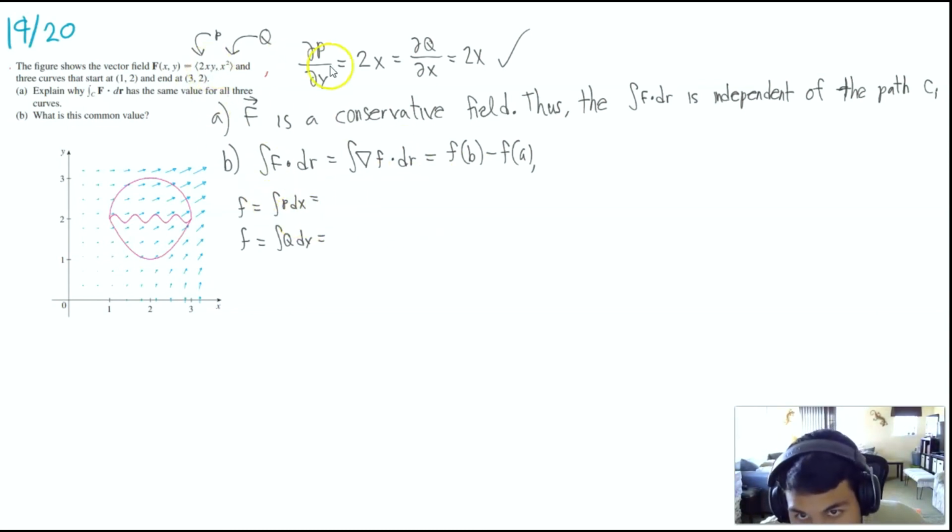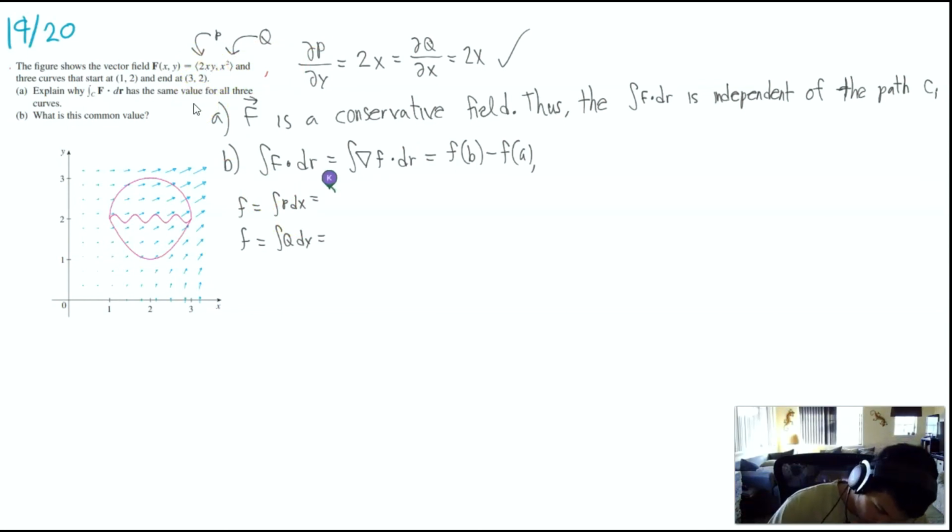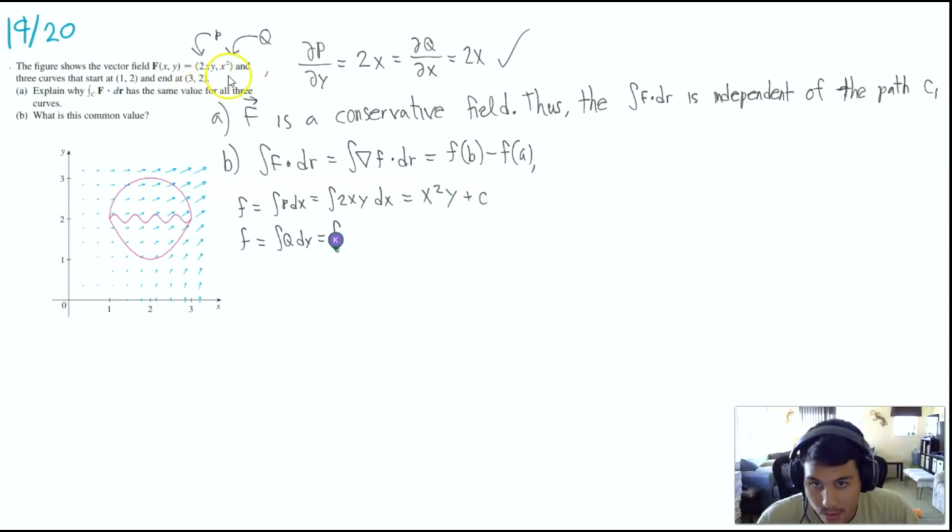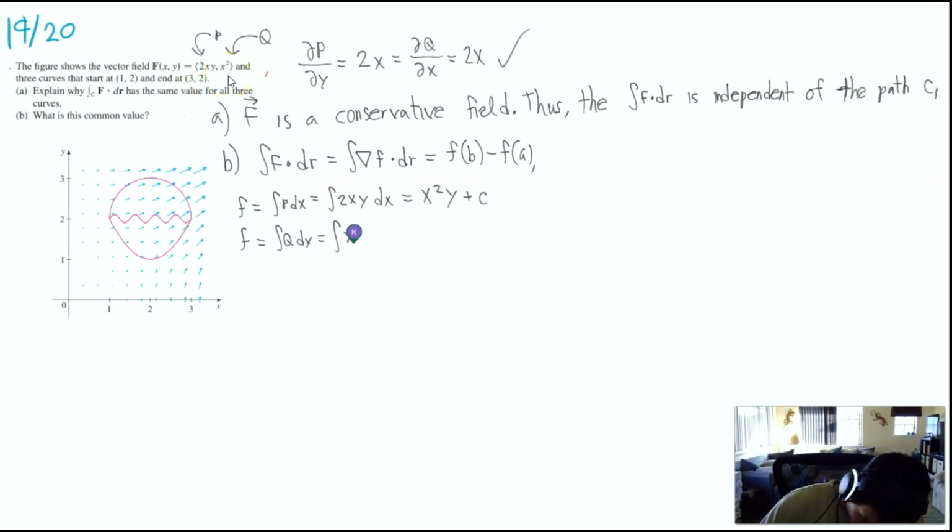P dx, that's P, 2xy dx. This is equal to x squared y plus some constant c. This is x squared dy, which is x squared y plus some constant c.